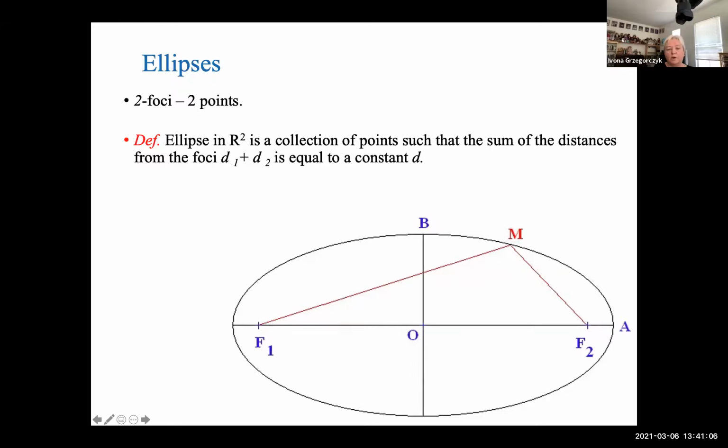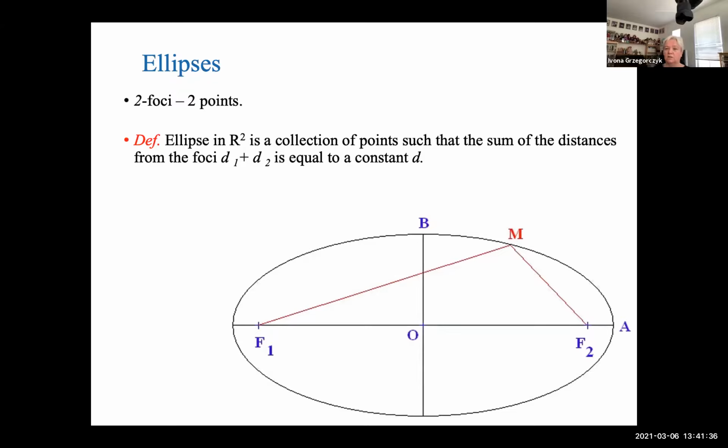I take 2 points, I call them foci, then I take a certain distance, and an ellipse is the curve that has the sum of these 2 distances to the point on the ellipse constant. So from here to here is a given number d, and from here to here would be the same d, and so on.